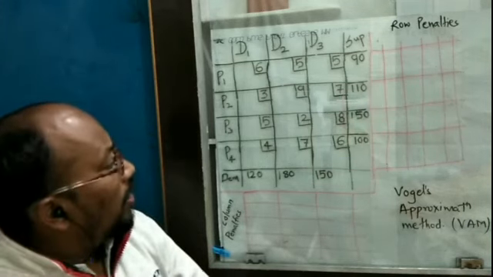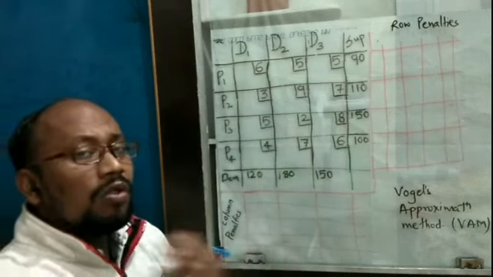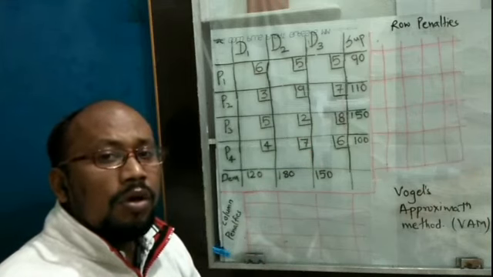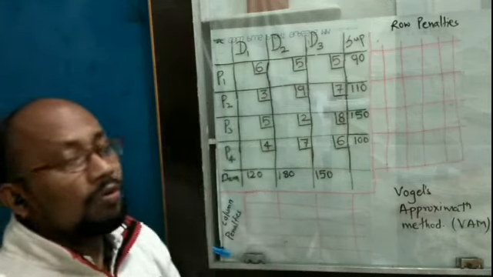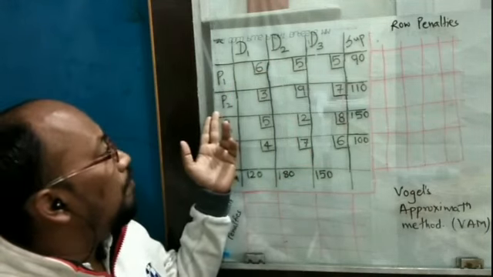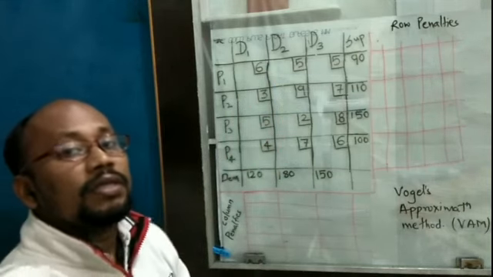Let's take an example, P3 to D2. If you go, the least cost is 2 rupees. If you want to send something to D2, you can go by 2 rupees. Either you can send units from P2 to D2, but it will cost you 9 rupees. How much extra? 4 rupees extra.